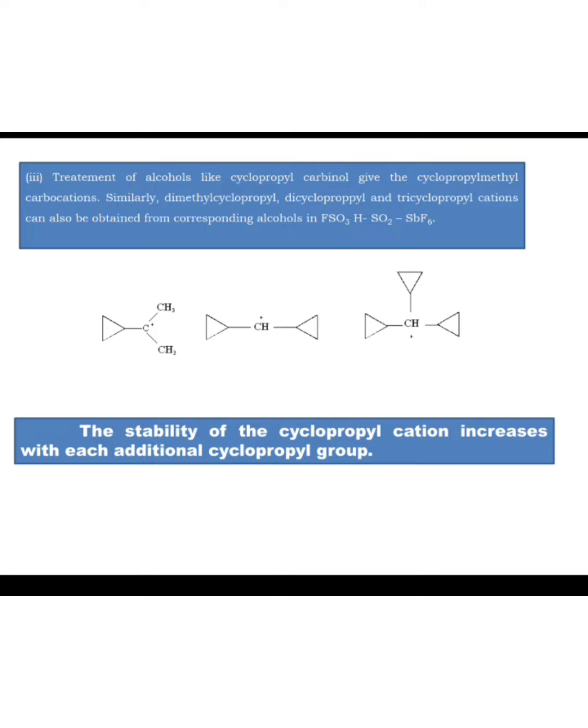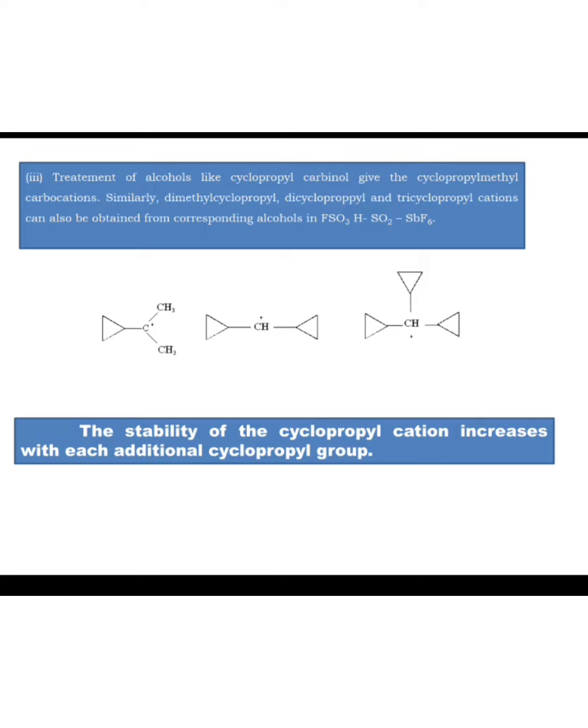In the first example, that is in trimethyl carbocation, one methyl group is replaced by one cyclopropyl group. And then in the second example, there are 2 cyclopropyl groups, and in the third example there are 3 cyclopropyl groups. So here each addition of a cyclopropyl group increases the stability of the carbocation.